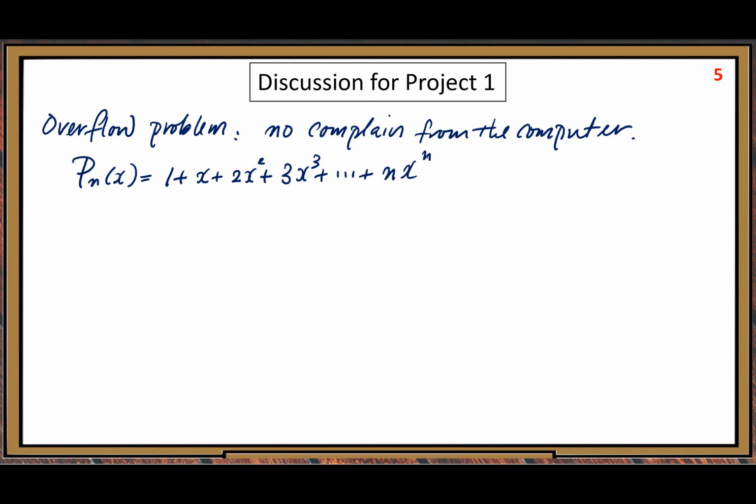Okay. I define a special polynomial to help you expose the overflow problem. It's hidden, but we try to expose it. This function, we know, always gives us positive values for positive x. If we just take positive x numbers, this polynomial should give us positive numbers, right?